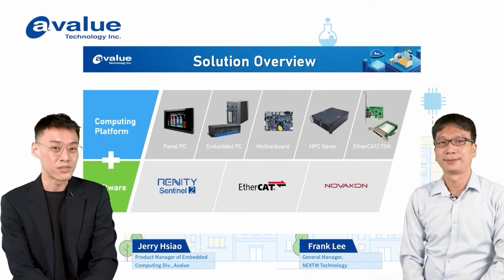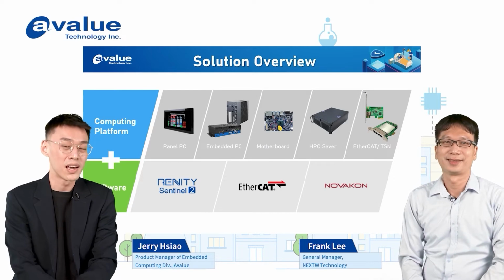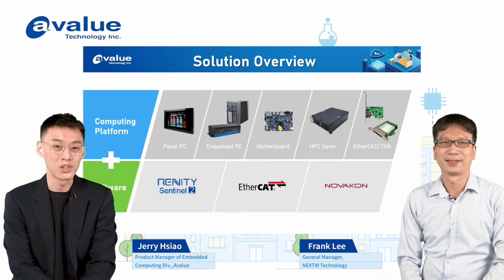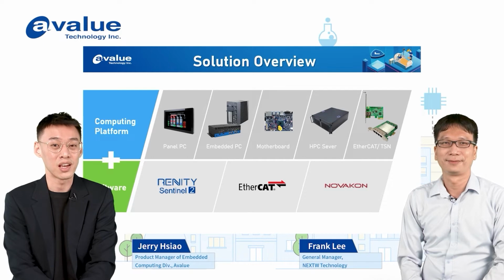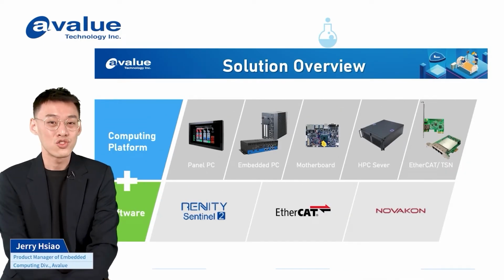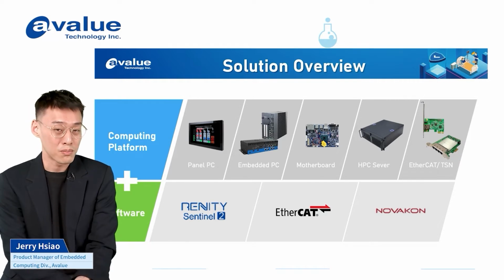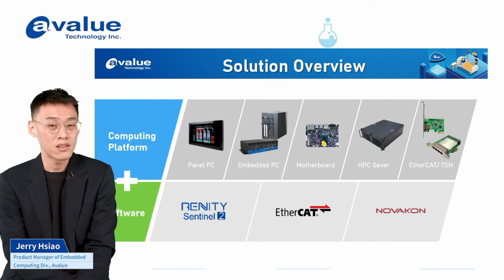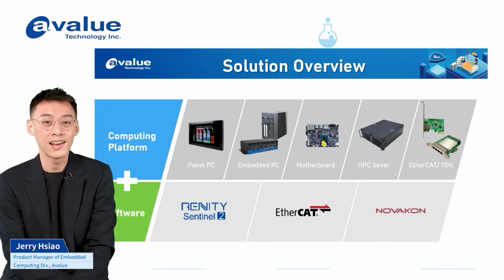Thank you, Frank, for the brief introduction of your company and what it can offer as a product in the EtherCAT solution area. In general, we have been talking about Industrial 4.0 year by year. As an Avalue IPC provider, we specialize in hardware products, not only box PCs, but also motherboards, HPCs, and even some high-end servers that have been a highlight recently and for future trends.